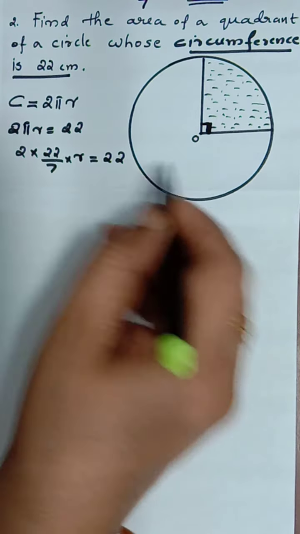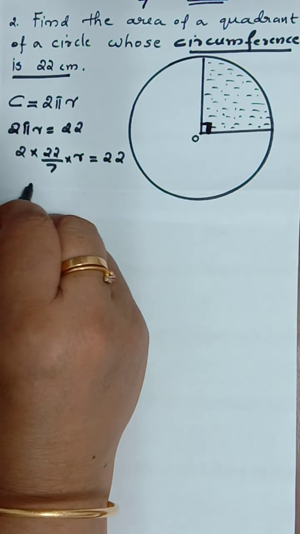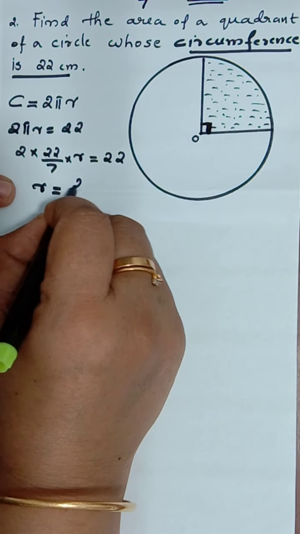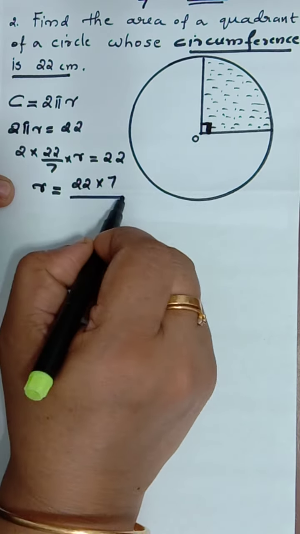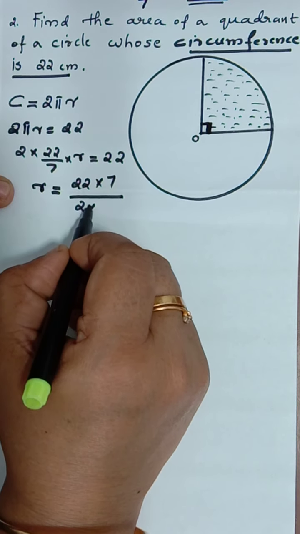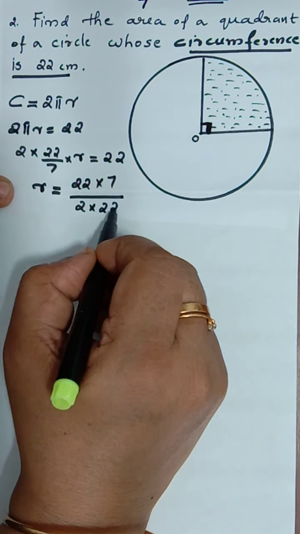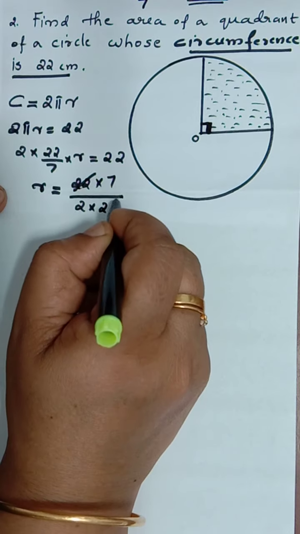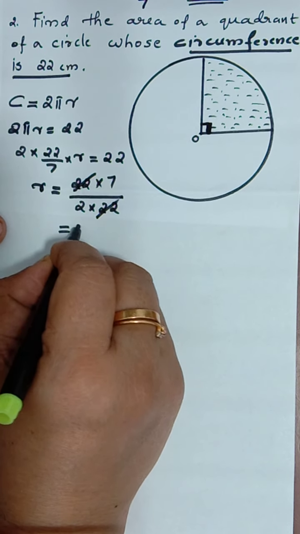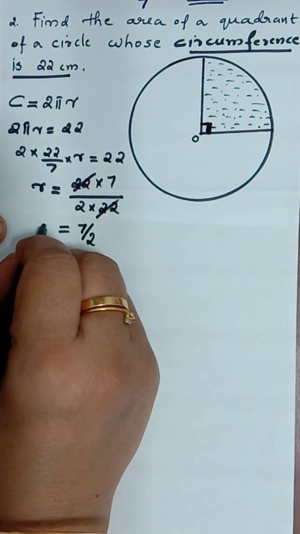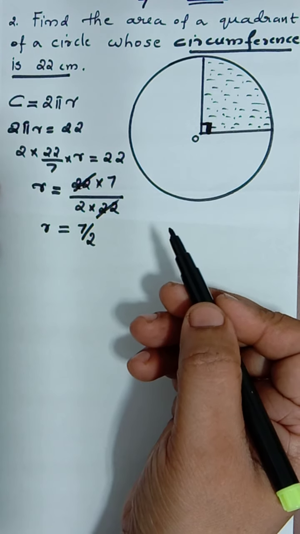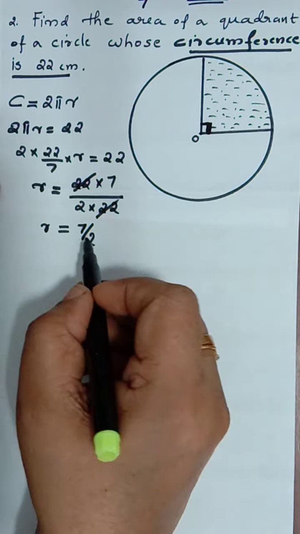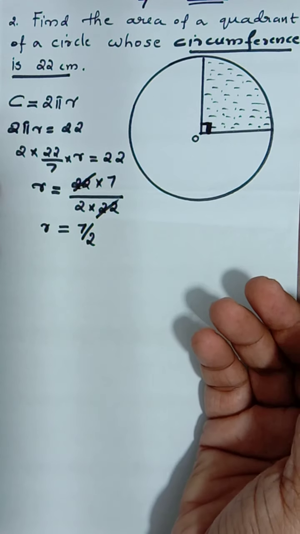Okay. 22 and 22 getting cancelled, or here you can rewrite r is equal to, already 22 is there, by 7 as into 7 divided by 2 into this 22 on the other side. So here you can see very easily we have written it is 7 by 2. 7 by 2 is 3.5, or half of 7 is 3.5. That we know. Let it be like this in order to make calculation easy.